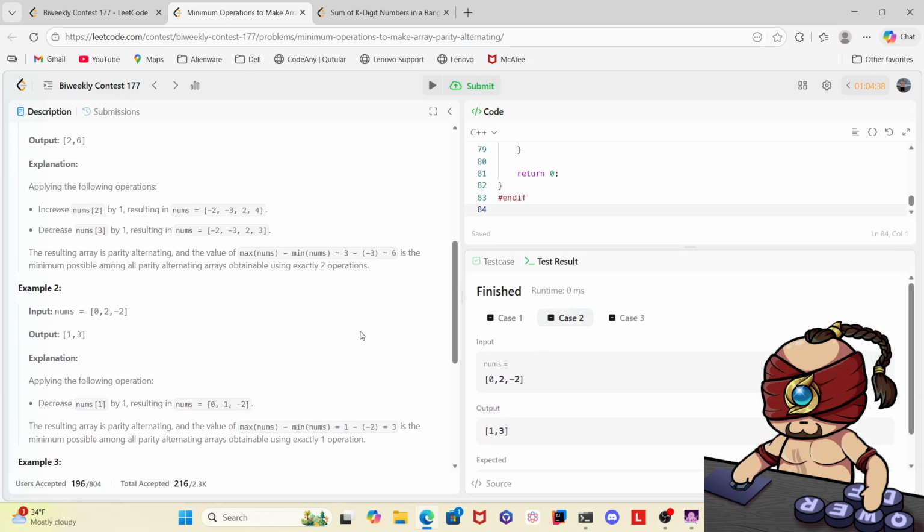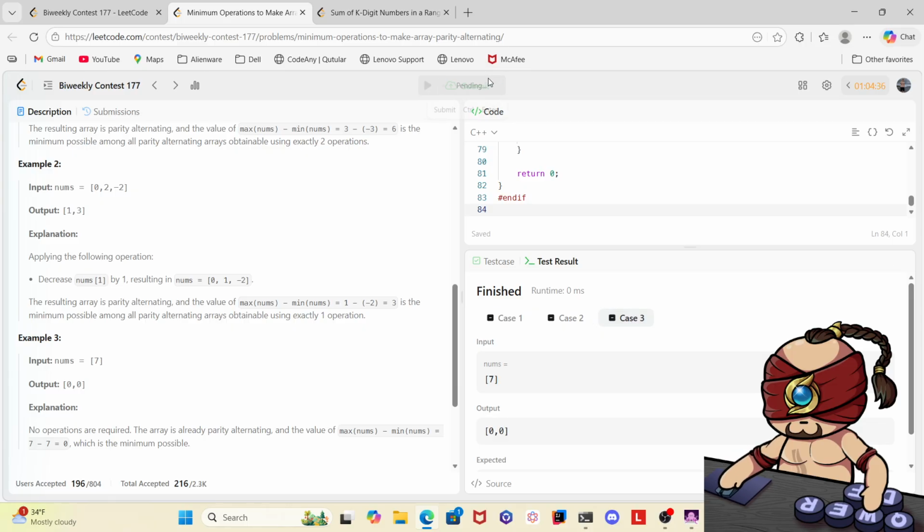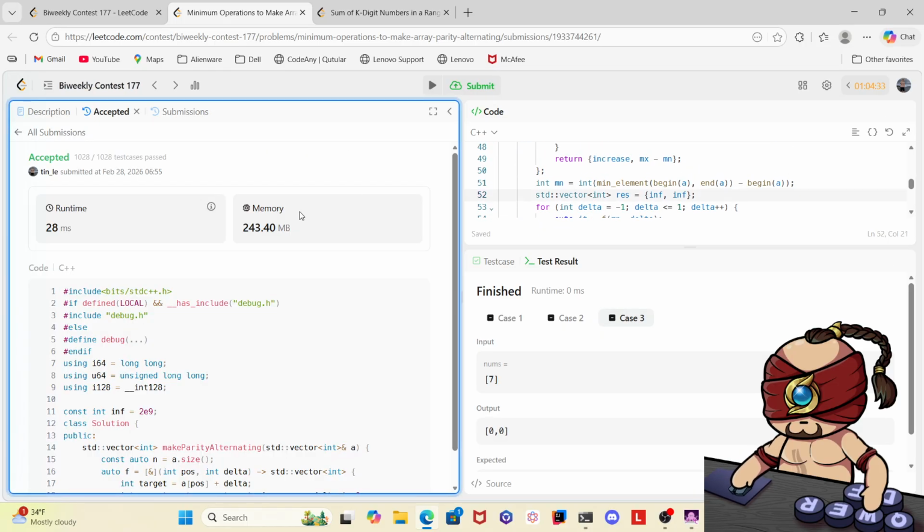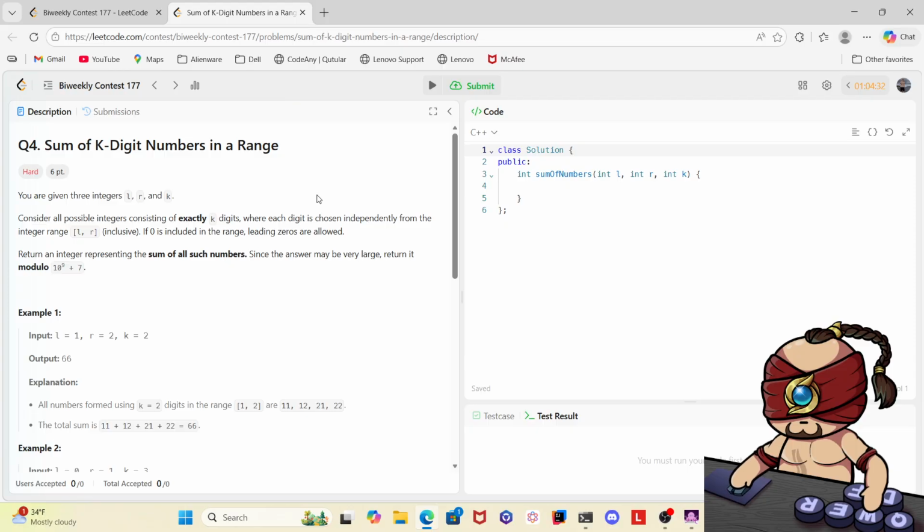Two, 6, 1, 3. So k-digit number in a range. I want exactly k-digit. Sum of such numbers.